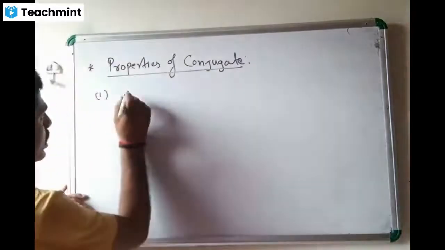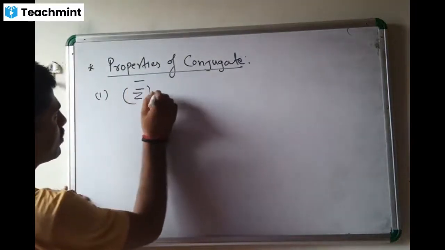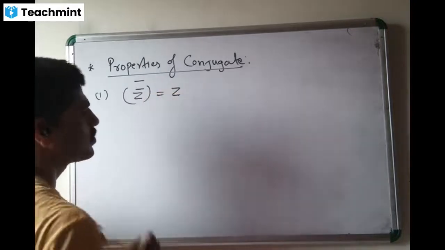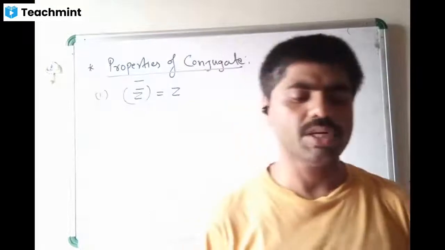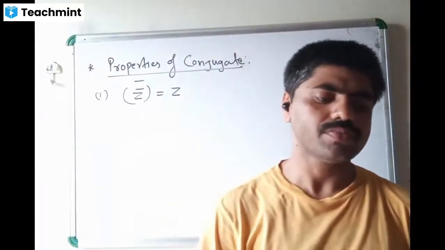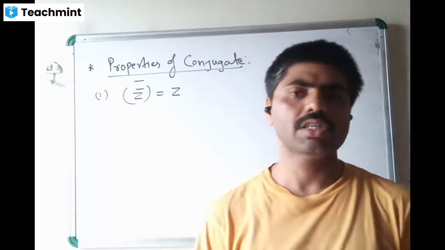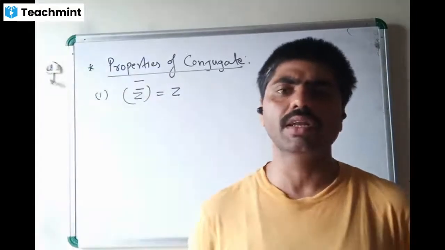Means z bar bar is equal to z. This is the first property. Means the conjugate of the conjugate is the given complex number.